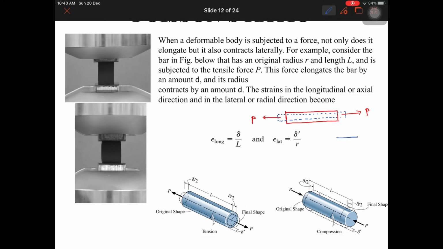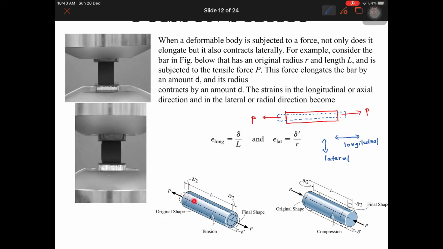This one is longer and this one is shorter, alright? So we call this direction longitudinal, and this direction lateral. So it's longer in longitudinal and shorter in lateral.